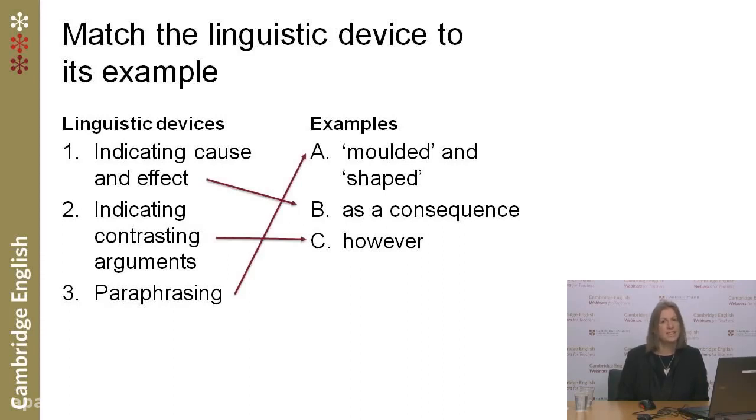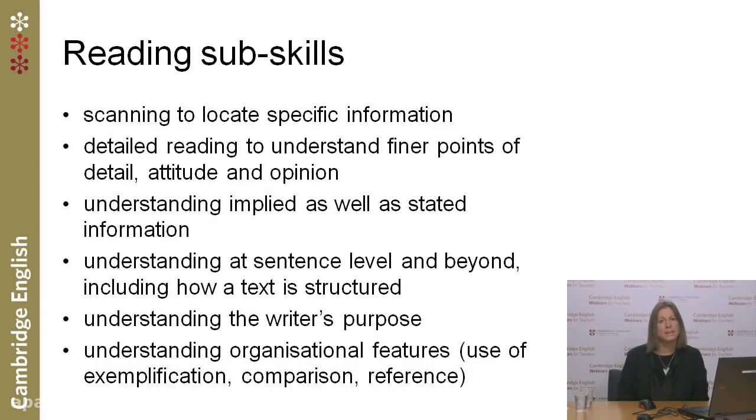Other linguistic devices that a Cambridge English Advanced reader needs to be able to recognise as well are, for example, the use of verb tenses to indicate temporal links, repetition, e.g. for emphasis, and referencing. To sum up, there are many sub-skills involved in reading at this level.